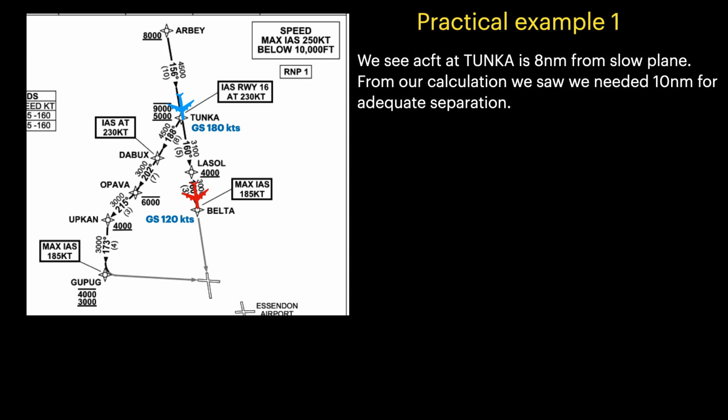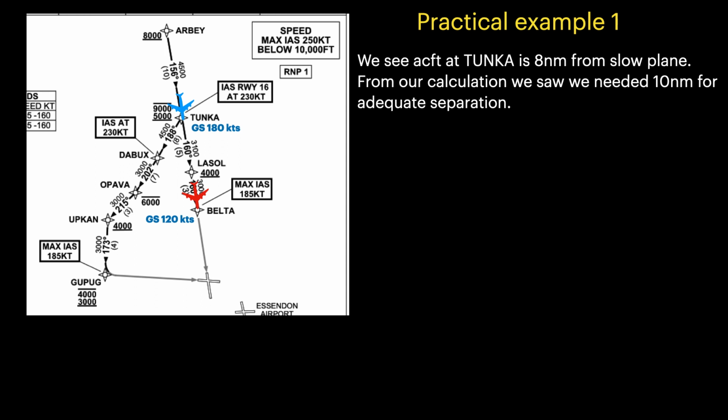I've set this up so we don't have to go through the calculation, but we saw from the previous calculation that we needed 10 nautical miles for adequate separation, because the first aircraft is 12 nautical miles out from the runway. If you look at the ILS chart, you'll see that Belter is 12 nautical miles, doing 120: 12 over 12 is 1.